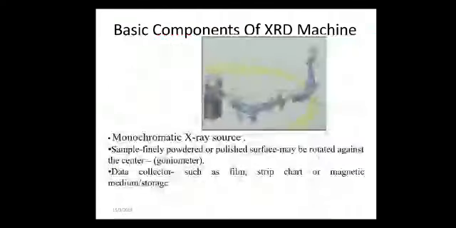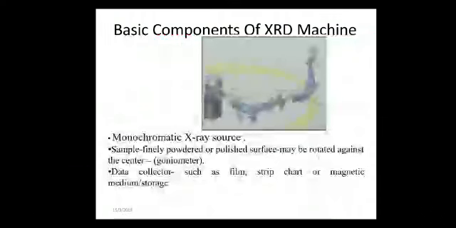So, what is the working principle of X-ray diffraction? X-ray diffraction is a tool used for identifying the atomic and molecular structure of a crystal, in which the crystalline atoms cause a beam of incident X-rays to diffract into many specific directions.